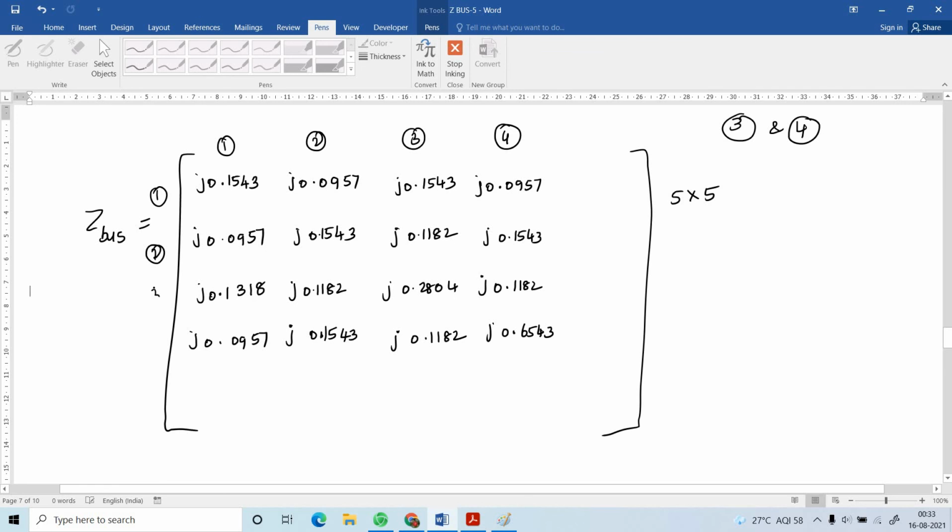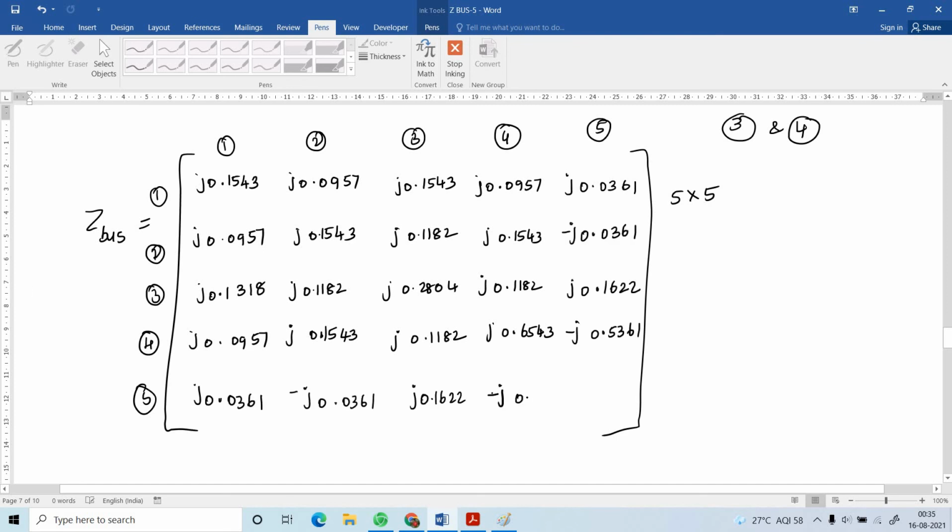Here 3 minus 4 gives the fifth column and fifth row element. J0.1543 minus J0.0957 gives the value J0.0361, minus J0.5361. Next, find out Z55.